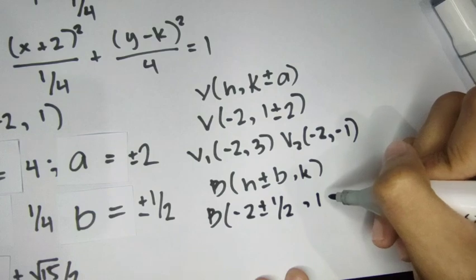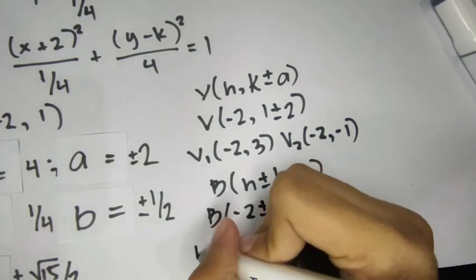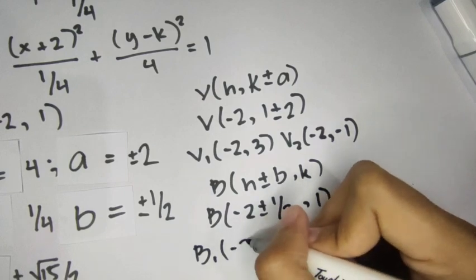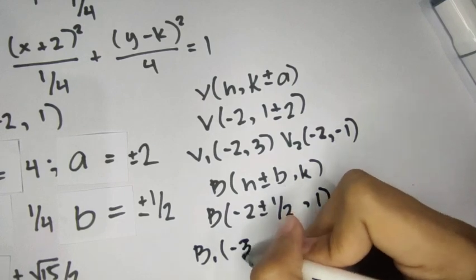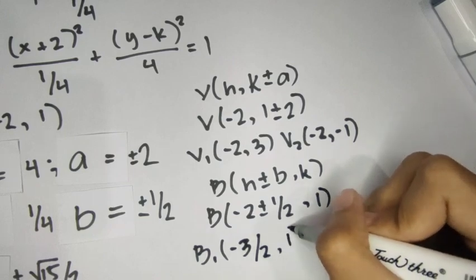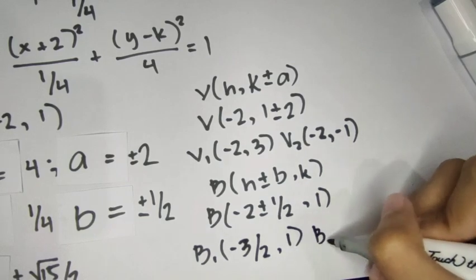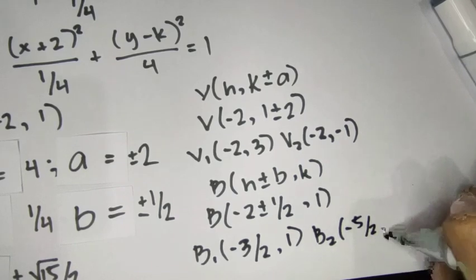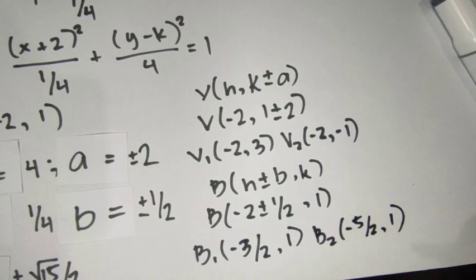Then we will just solve it. Our co-vertex 1 will be negative 3 halves, comma 1. And for our co-vertex 2 will be negative 5 halves, comma 1.